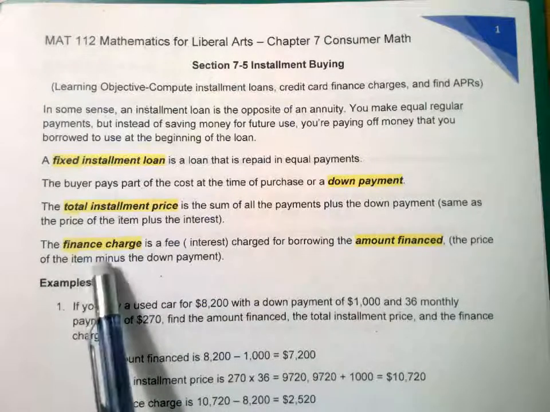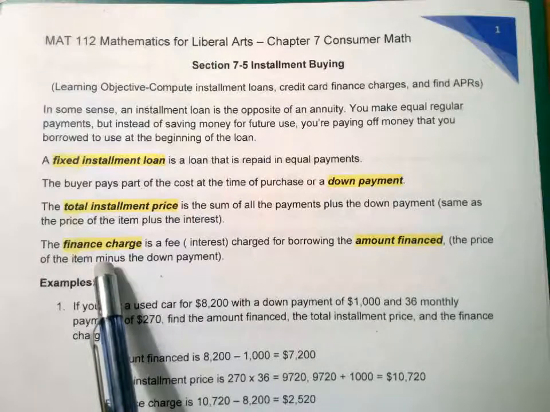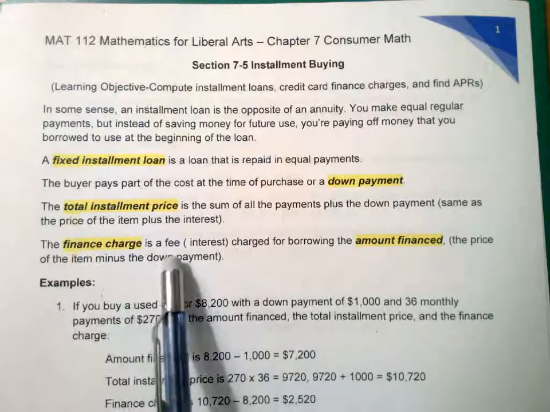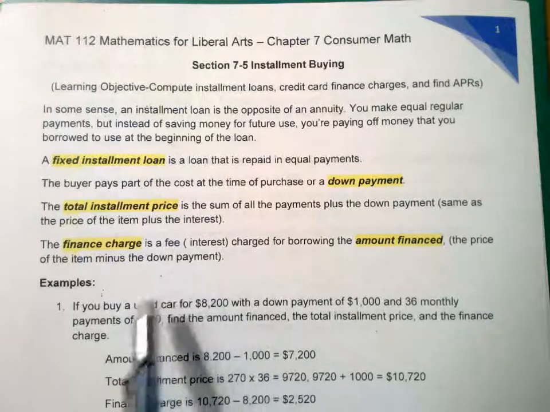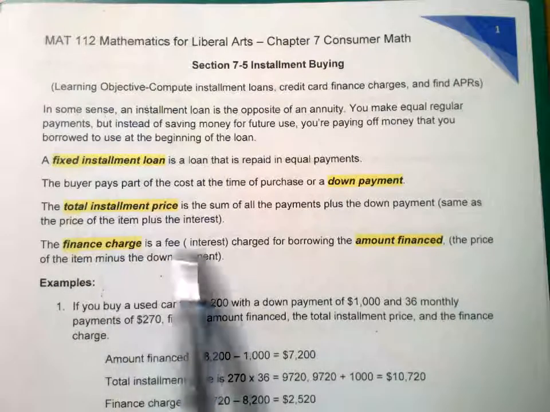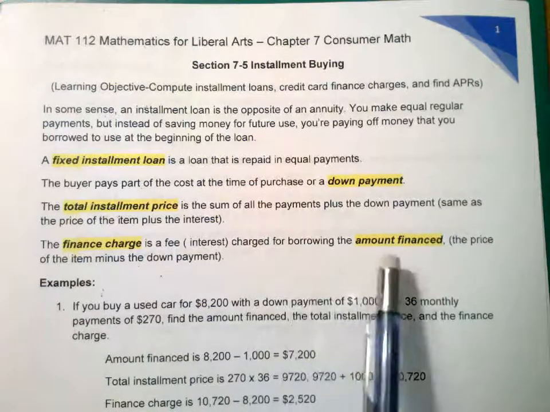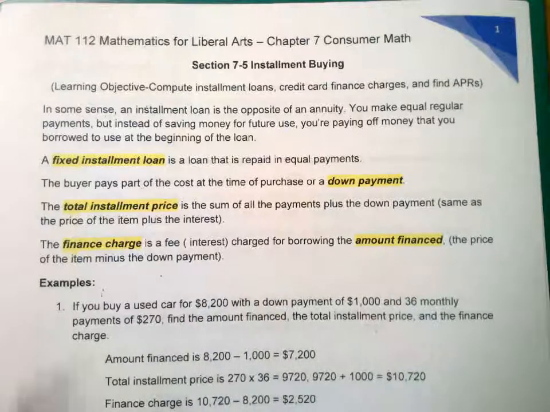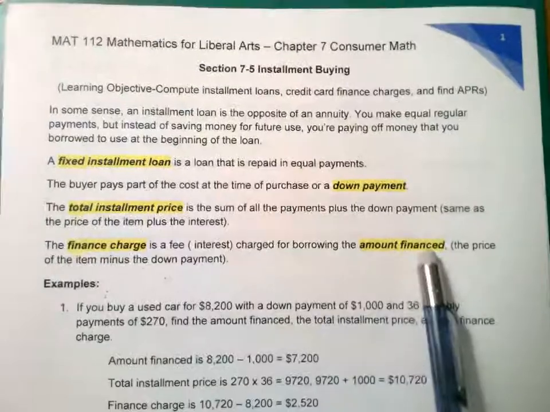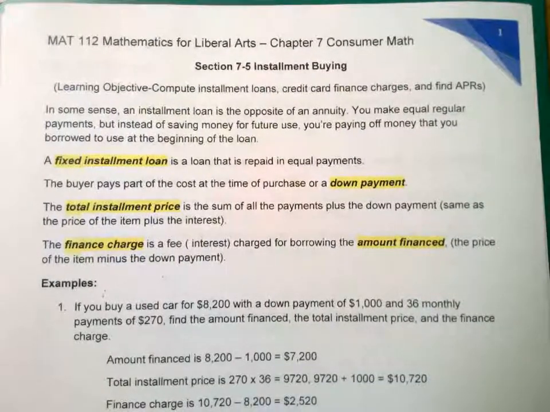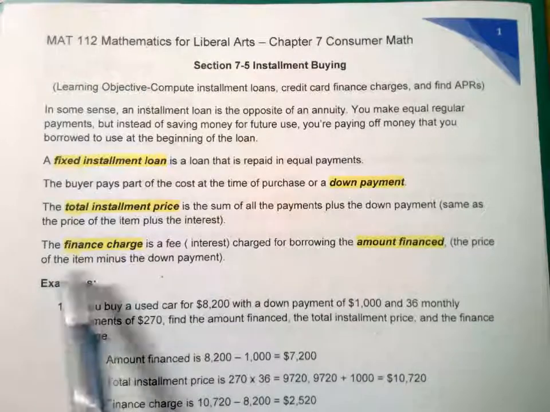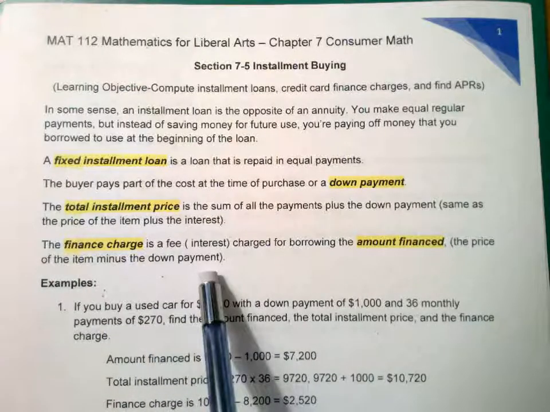Principal and interest. So there's a finance charge, a fee called interest, whatever you want to call it, they're all kind of the same. It's the charge for borrowing the financed amount, whatever the bank or lending institution charges. The amount financed is kind of the principal amount: the price of the item minus the down payment.